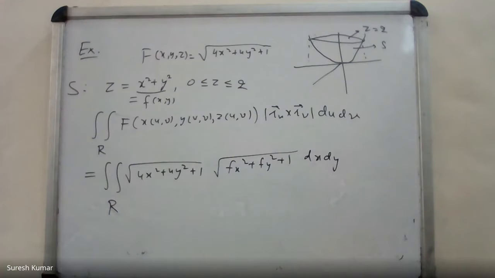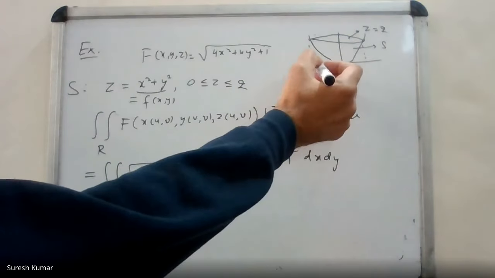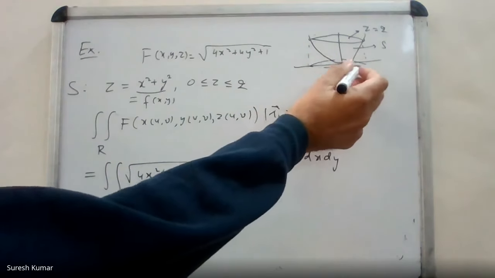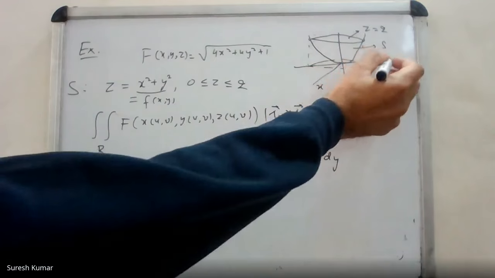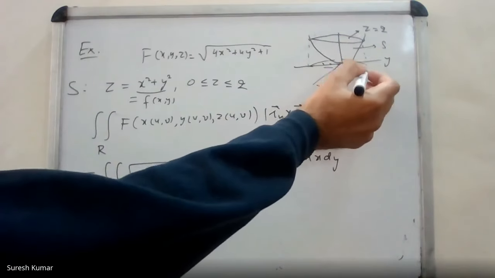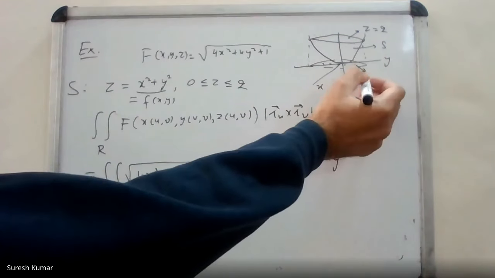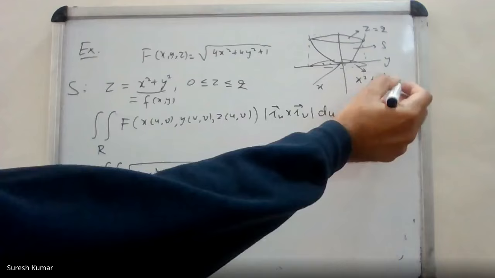This region belongs to the domain of x and y corresponding to the given surface. So project the surface on the xy plane. You get which circle? The same circle. This circle, x squared plus y squared equals 2.